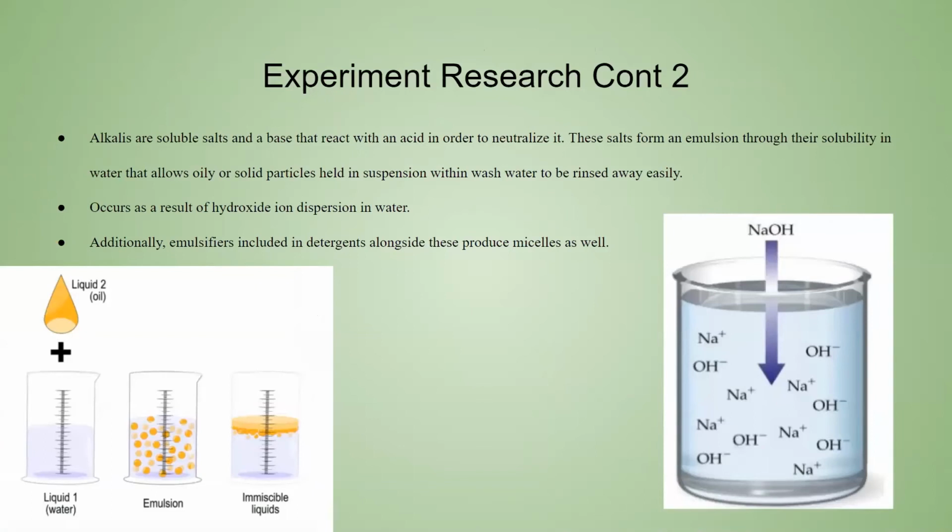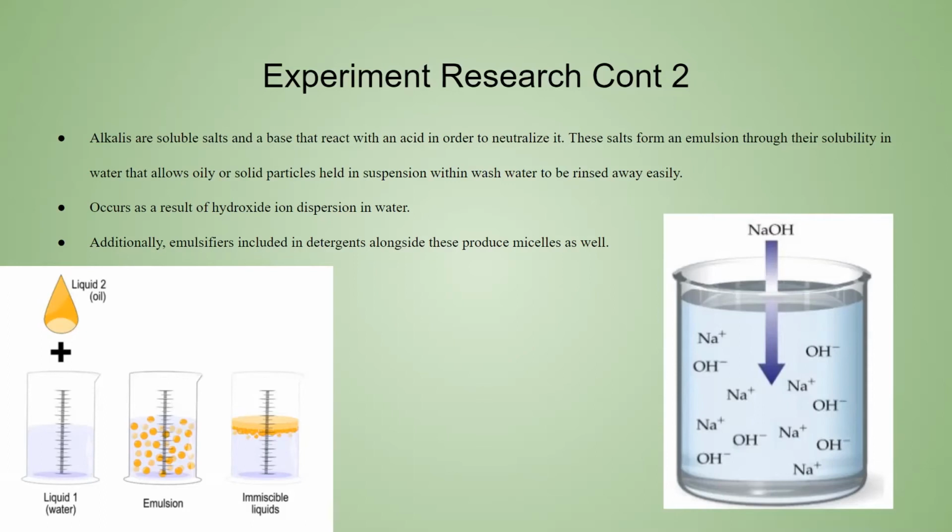The other part of detergents are alkalis, which are soluble salts in a base. They react with an acid, neutralizing it in the liquid, and then these salts form an emulsion through their solubility in water. Oily and solid particles are then held in suspension within the wash water and can thus be rinsed away very easily. It's similar to what was shown before with emulsion.